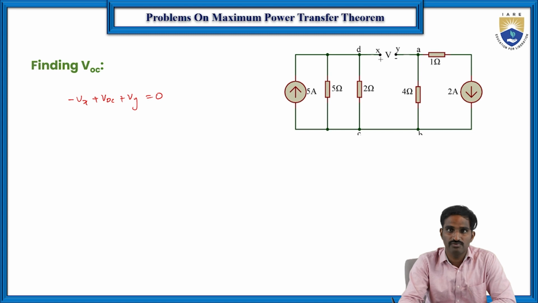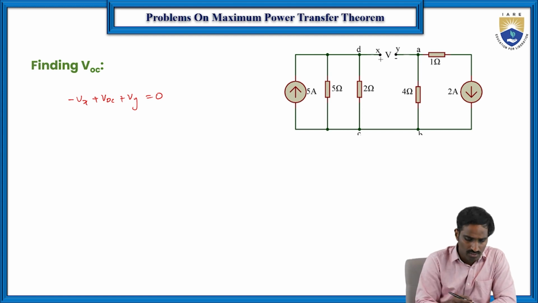So first we need to find Vx and Vy. Simply we can apply the nodal analysis to find the voltage across these two terminals. First let us find Vx. Vx by 5, and Vx by 5 plus Vx by 2, which is equal to 5 amperes.